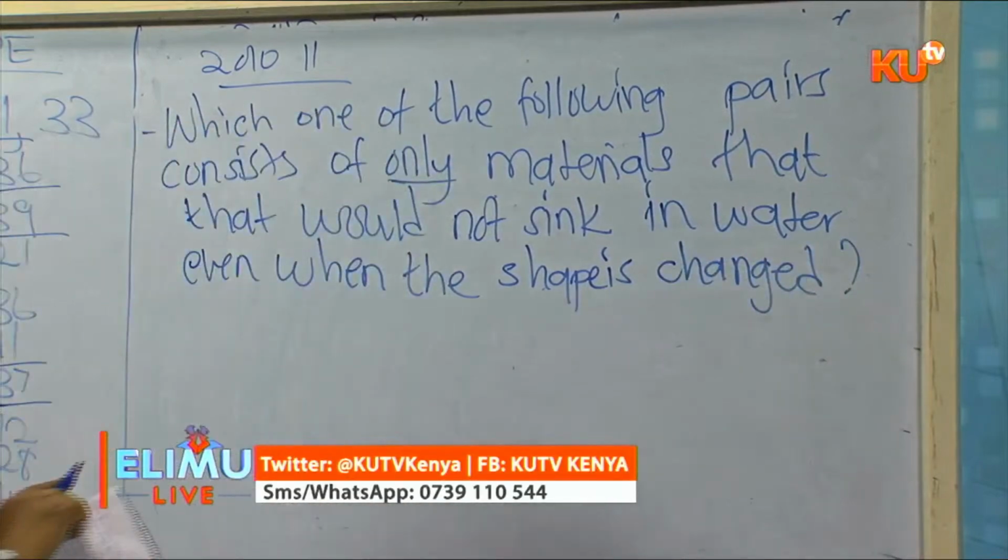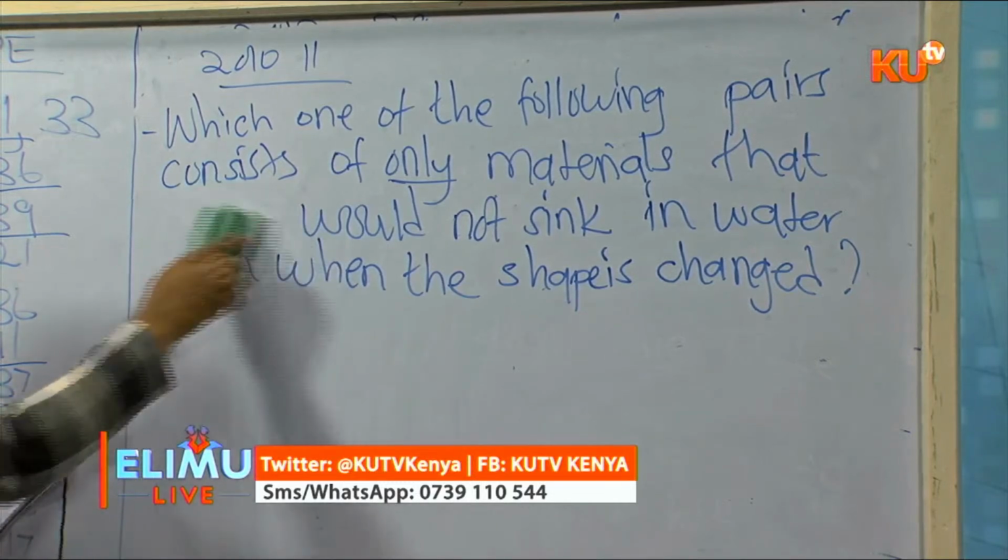So, which one of the following pairs consists of only materials that would not sink in water, even when their shape is changed?